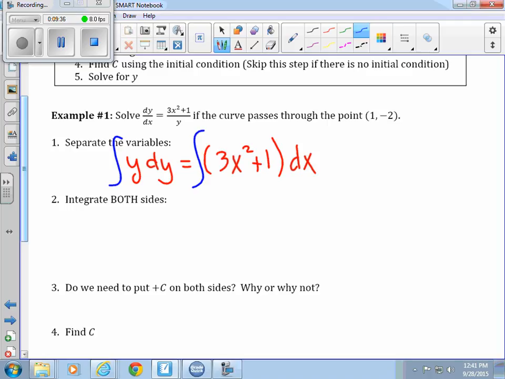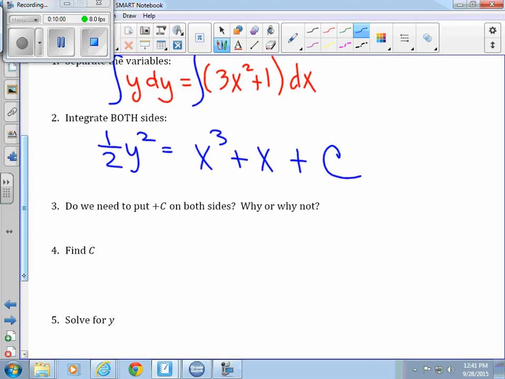Y squared, I agree. 1/2 y squared. And what about the other side? And then I'm going to write plus c.